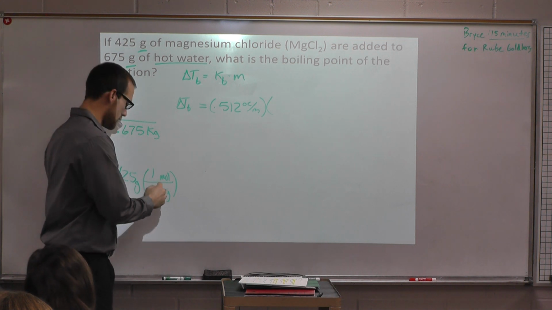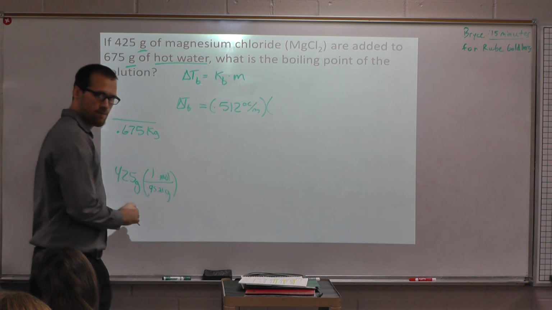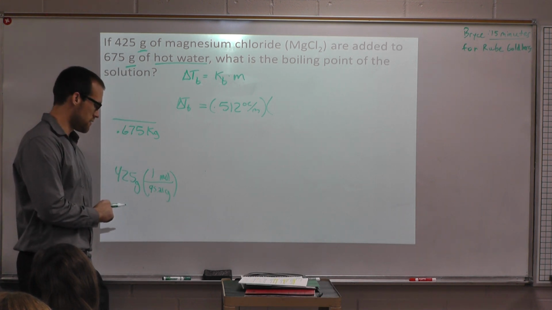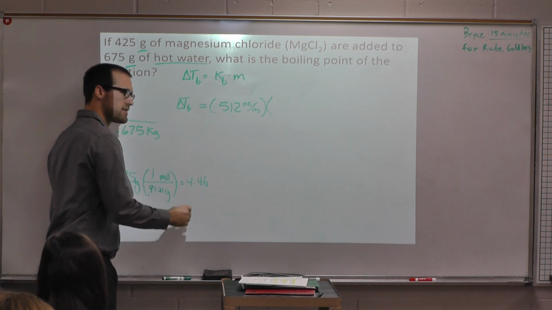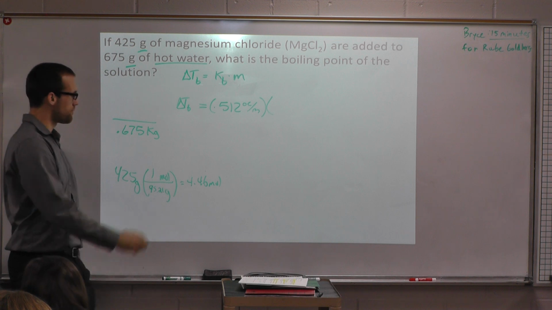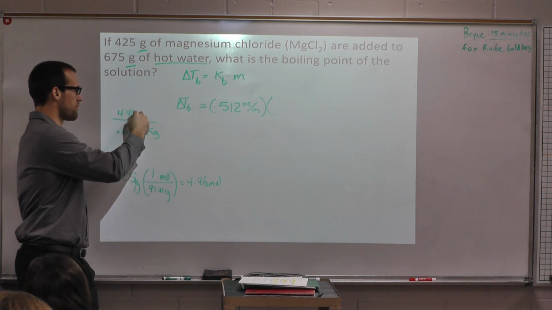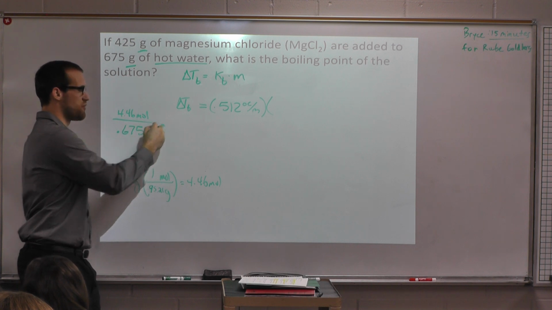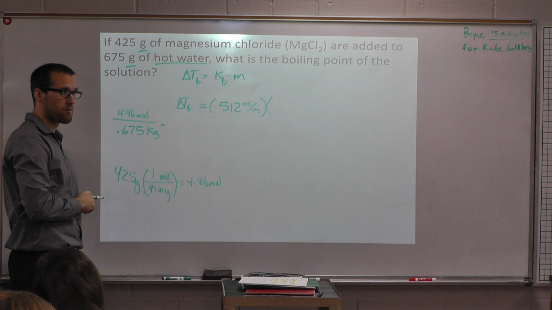I got 95.21. 4.46 is how many moles? What am I going to do with that then? Put it on the top, because this will give me my molality. Right?